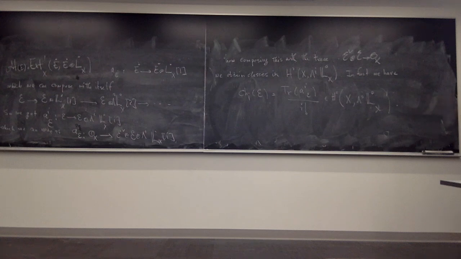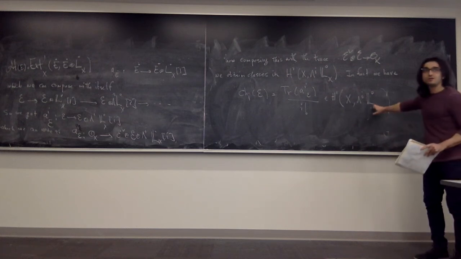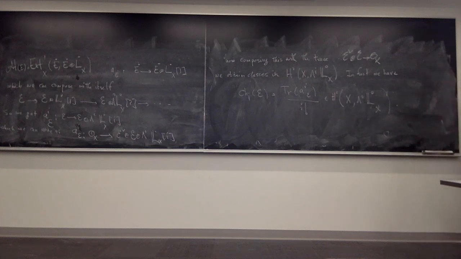This is how, from a complex, you can actually get these elements of cohomology, elements in the Hodge cohomology of X.